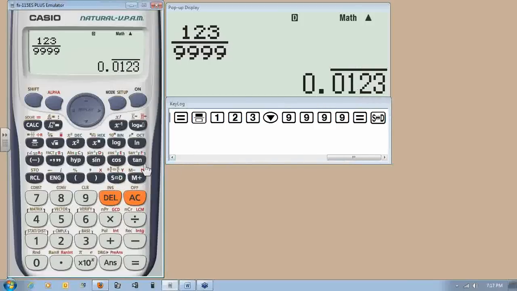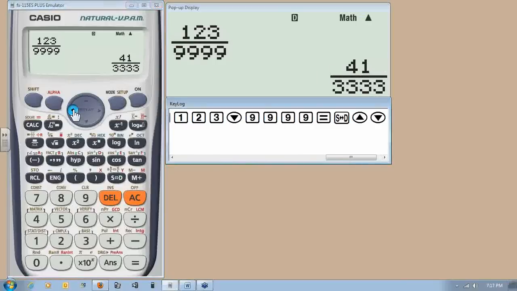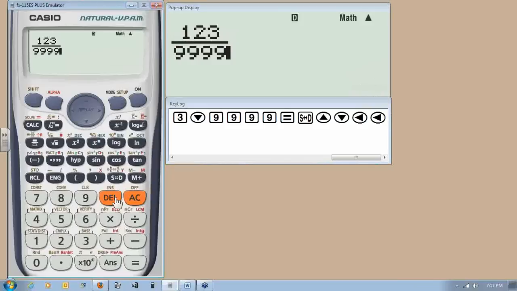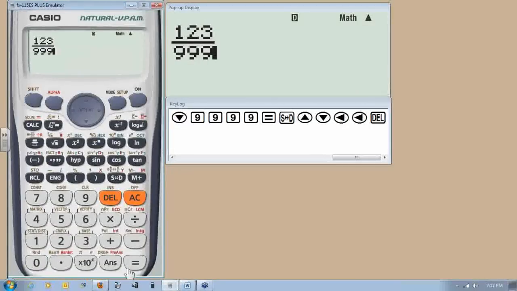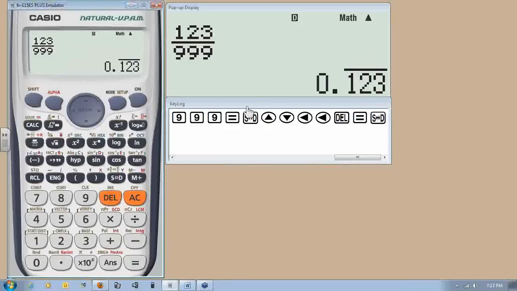They were close. I went one too many decimal places, but if I go back up, I'll change and delete. You notice all I did there was press the replay, which is the back arrow. It also replays by going forward, so that I can change my last input. Press the SD key again. There's my repeating 1, 2, 3.